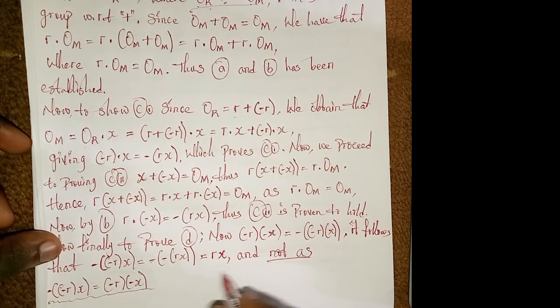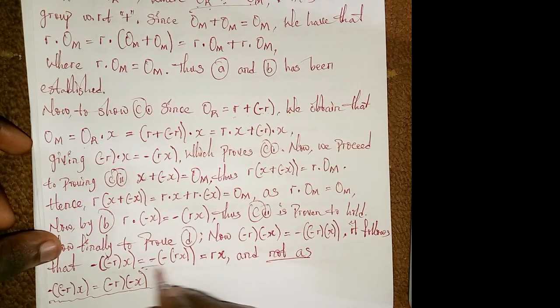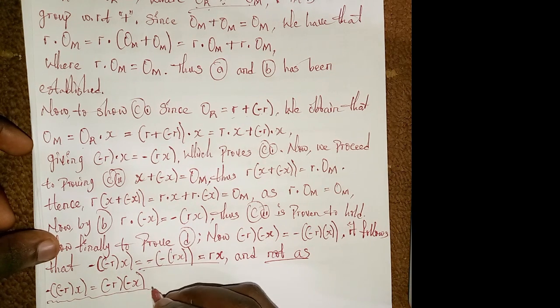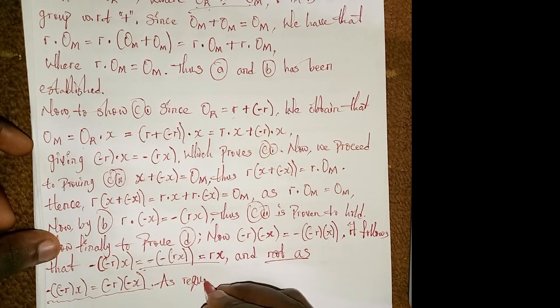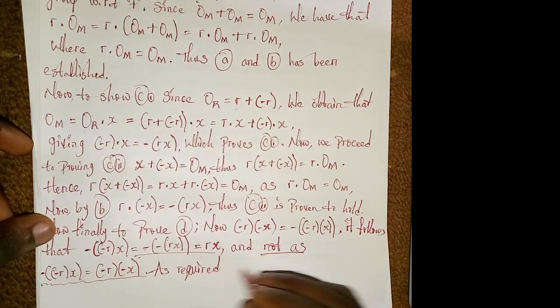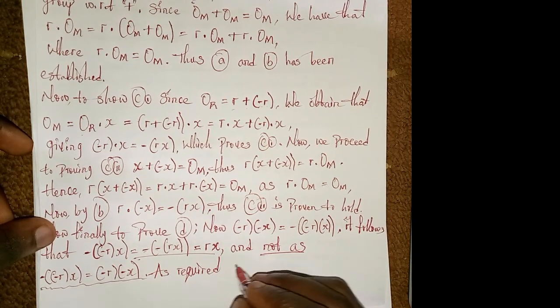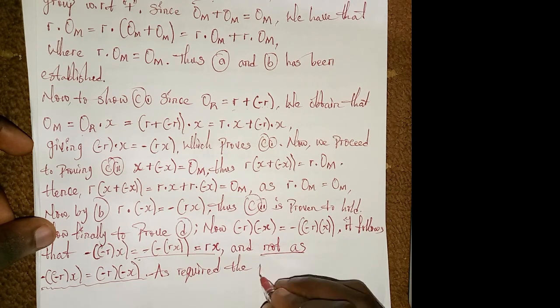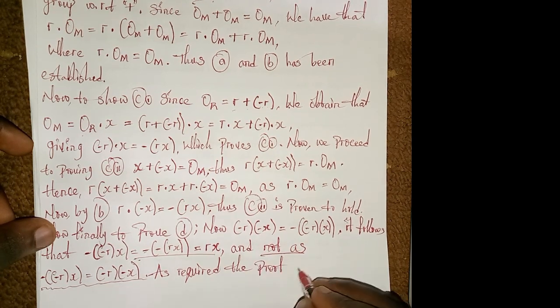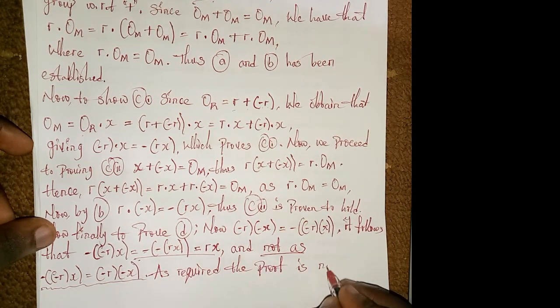We are not to place it like this, that this is how we are allowed to place it as. Now, as required, the proof is now complete.